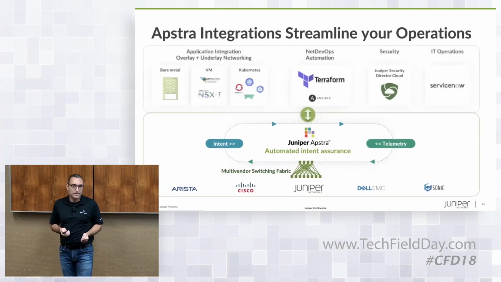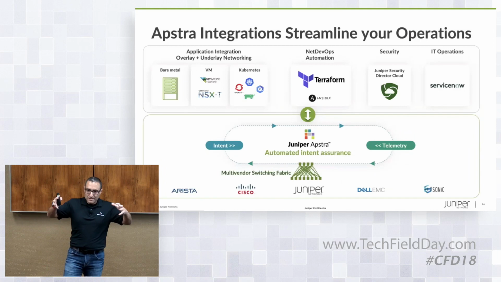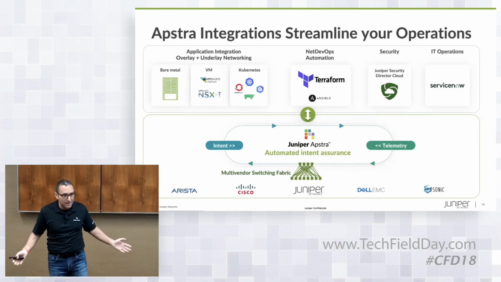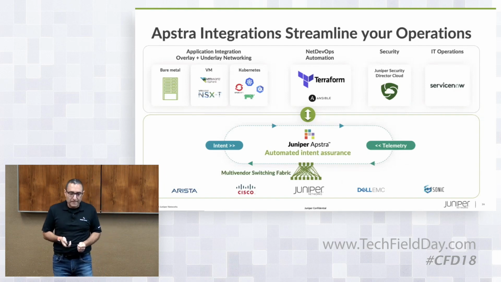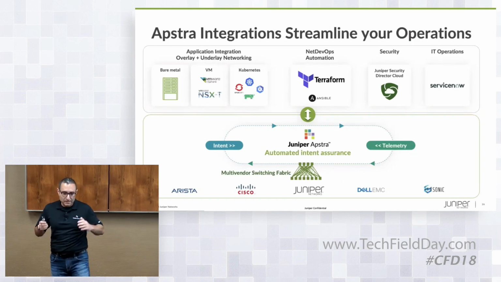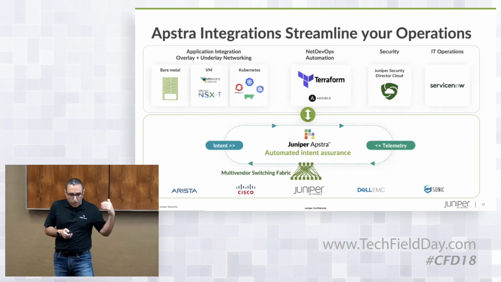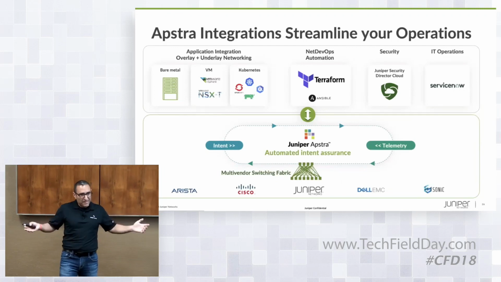The other aspect to openness is that, at the end, we're part of an ecosystem. This solution is part of an ecosystem and needs to work well in the context of this ecosystem. So we have open APIs, both with our software, with Apstra, but also with all of the devices that we deliver. And we have integrations with platforms and solutions, whether it's overlay solutions or NetDevOps solutions, security, etc., solutions that are available on the market.